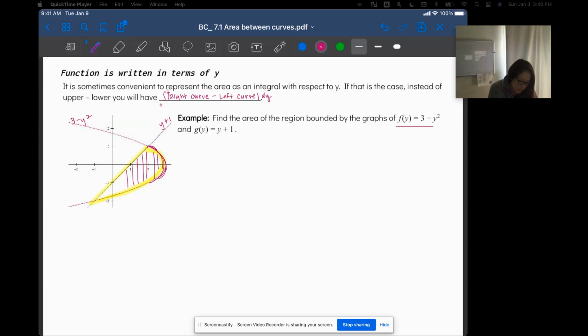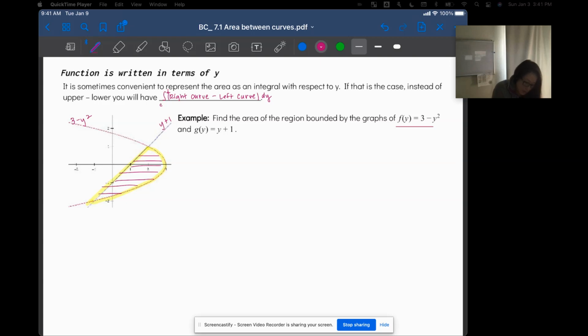Another thing I noticed is that the top curve switches. First it started as the line, and then it switches to what would be the square root. So instead, what we're going to do is take the area between the two curves going horizontally.